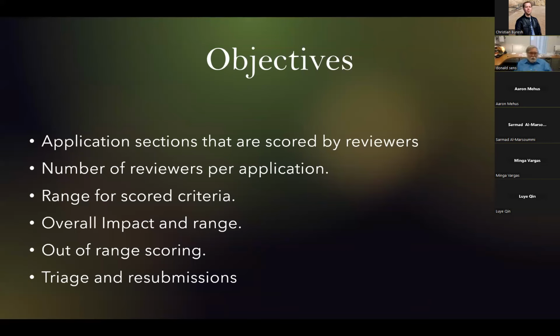The range for scores, the overall impact and the range of those scores, something called outer range scoring, which is a little bit important, and what happens when you get triage, which means your grant doesn't get reviewed, and how you can resubmit your grants. So we'll follow all of those and try to cover each topic. So next slide, please.